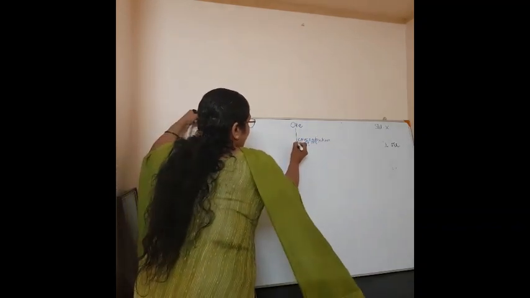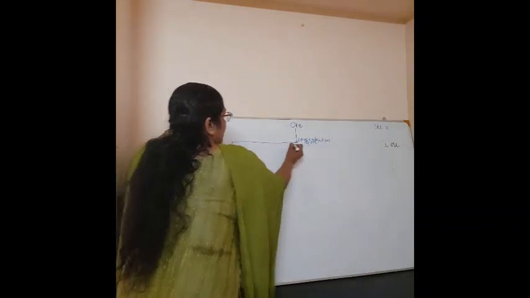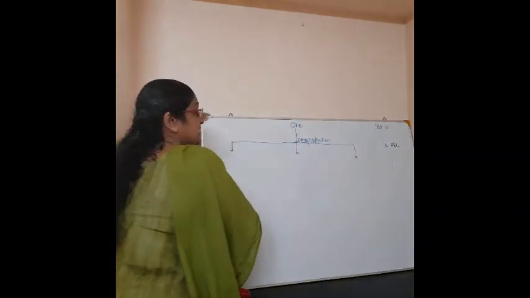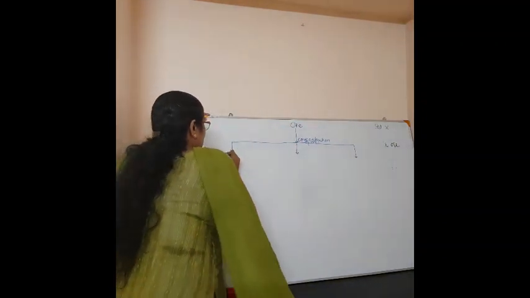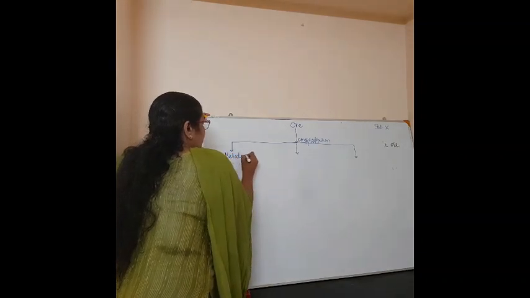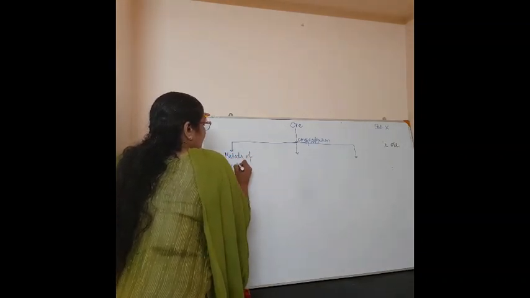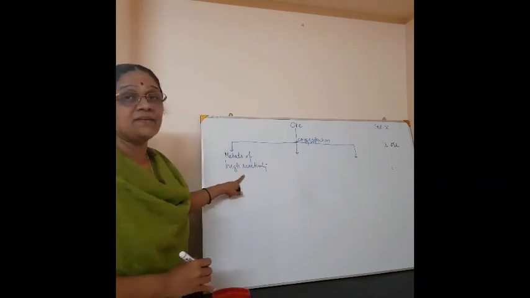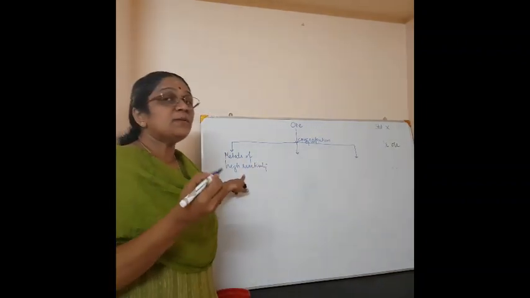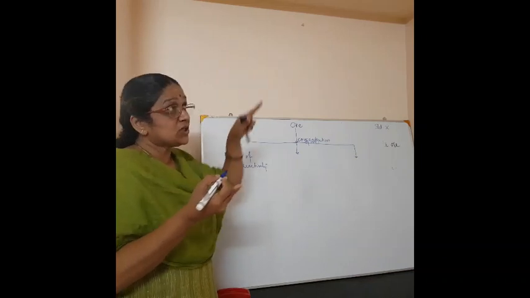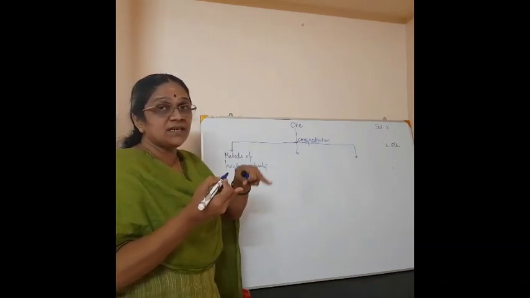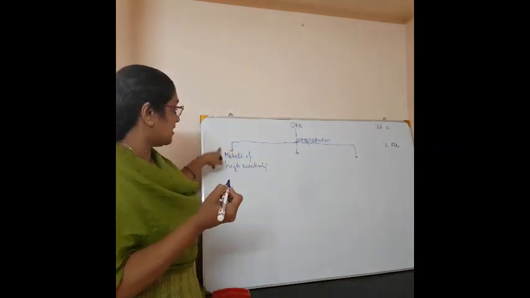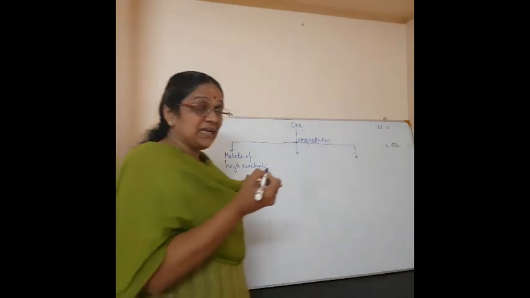Then we can have 3 divisions of this classification of metals. One is metals of high reactivity. You know which are the metals of high reactivity in the top of this activity series, isn't it? Potassium, sodium, calcium, magnesium, aluminium. So these are the highly reactive metals.